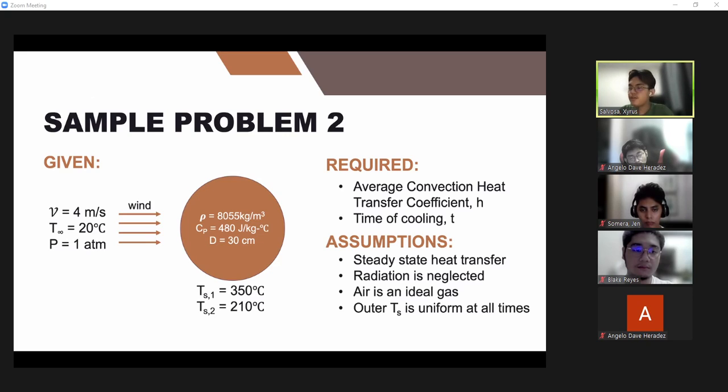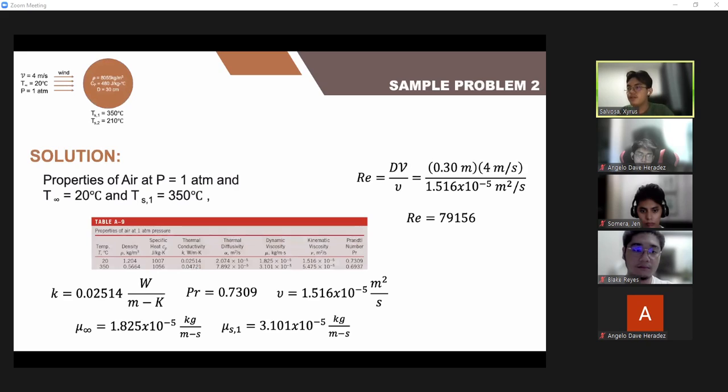For the assumptions, we assume that the heat transfer operates at steady-state conditions where radiation is neglected and air is considered as an ideal gas. Also, the outer surface temperature is uniform at all times. To start off, we acquire the properties of air at 20 degrees Celsius and at 1 atm from the book.